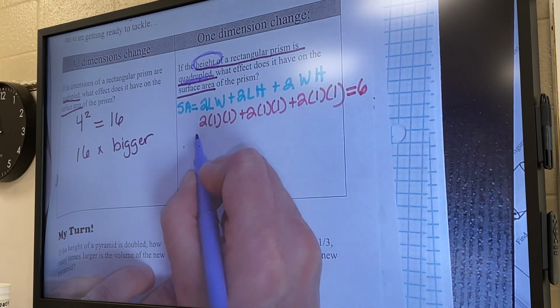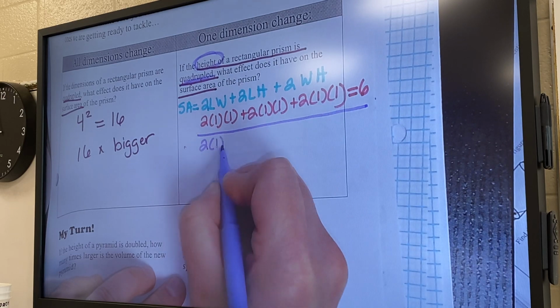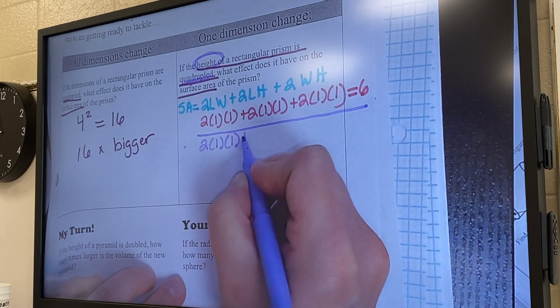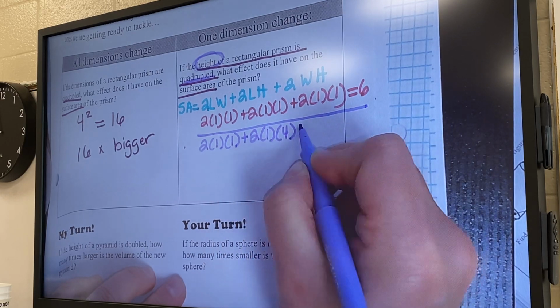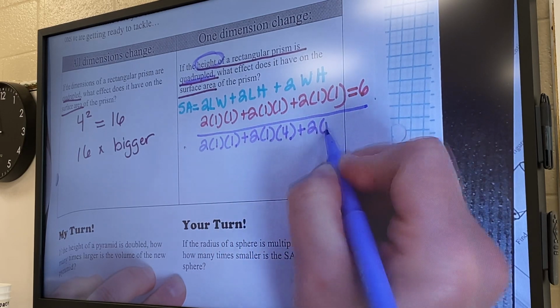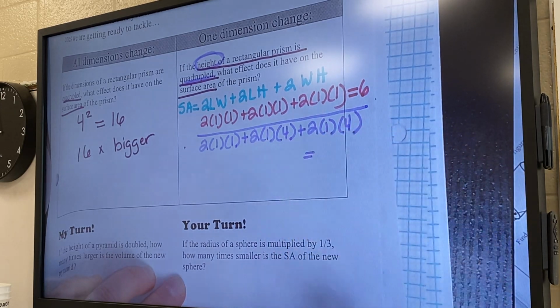So I'm going to draw a line here to keep them separated. 2 times 1 times 1 plus 2 times 1 times 4 plus 2 times 1 times 4. And then what does that give us? 18.